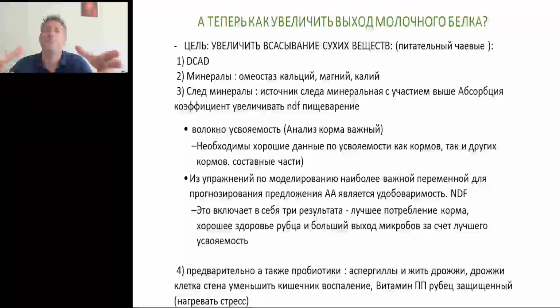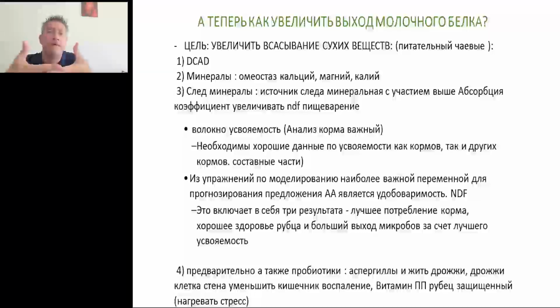If I provide magnesium carbonate, I have to consider it has 32-34% of magnesium. Or I can use magnesium oxide, which has 52% of magnesium, but the absorption coefficient is a bit different between the two salts.